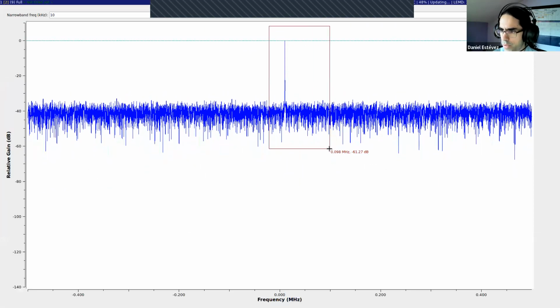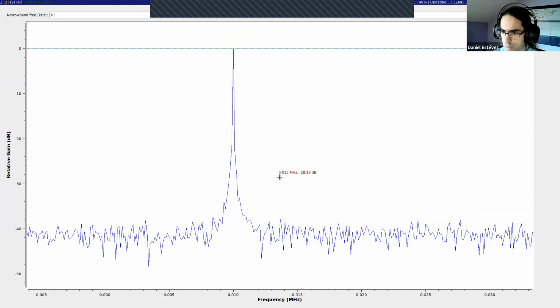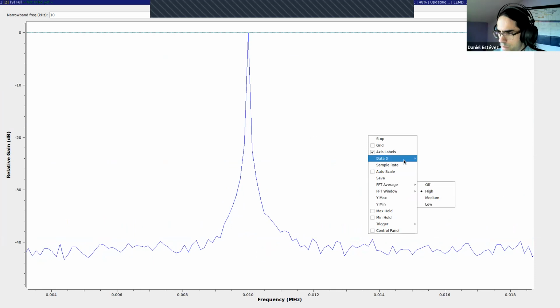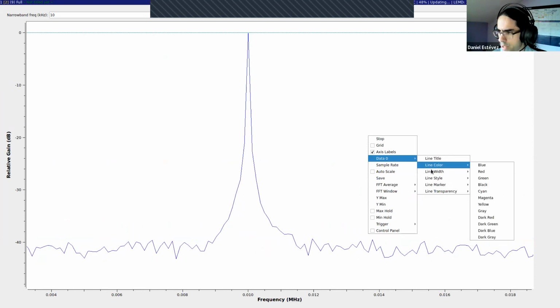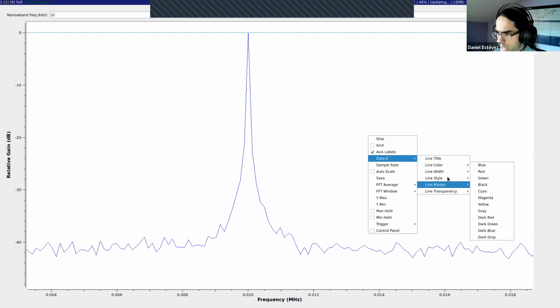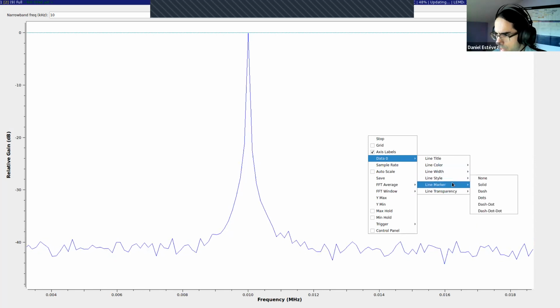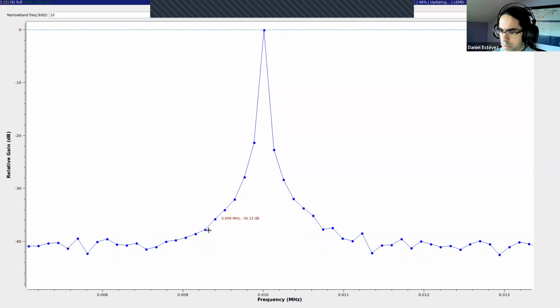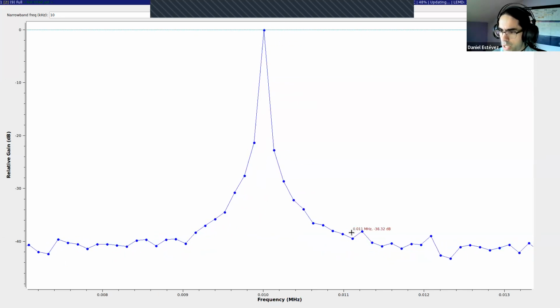because I'm not sure if I'll be able to show this properly. Yeah, maybe it's easy to see. So what happens with a rectangular window is that I want the markers here, is that this spectral leakage tends to be wider.